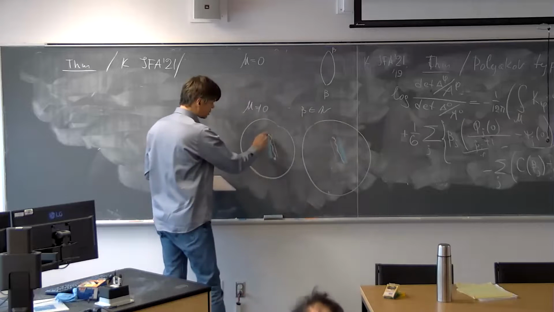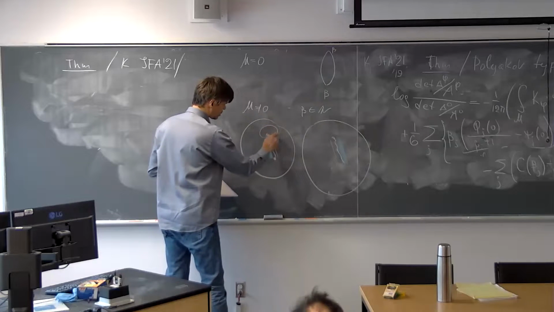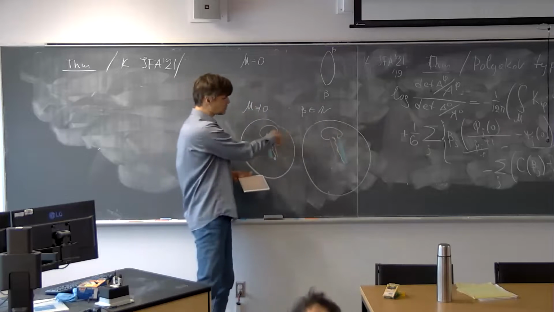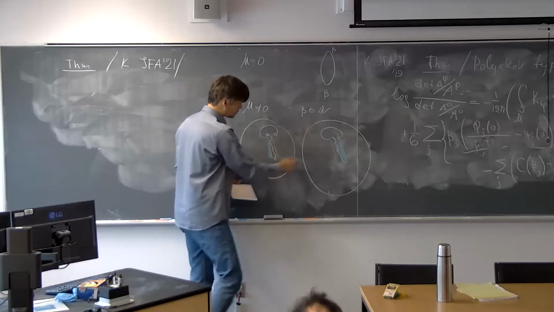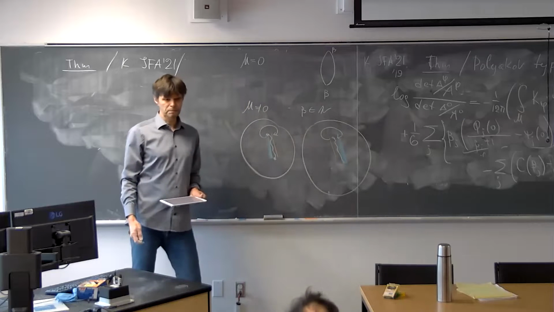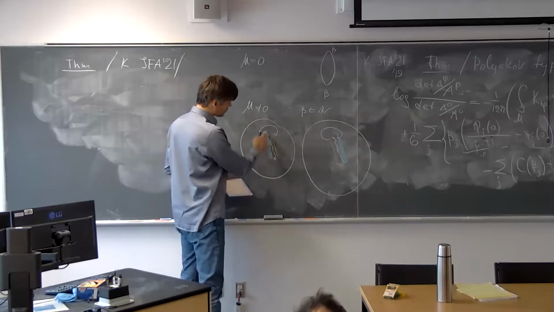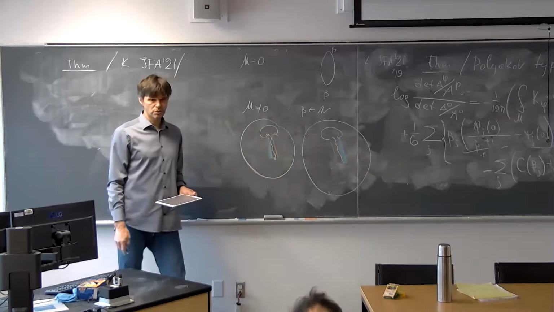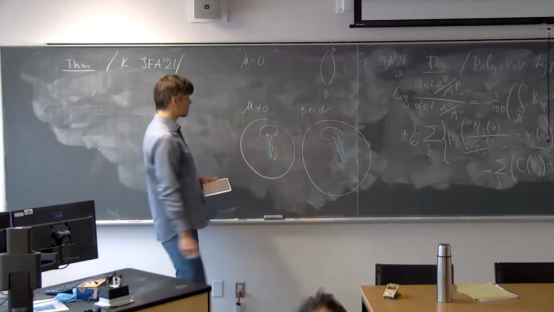As a result, the cone angle is 2 pi here plus 2 pi there, in total 4 pi. The same applies to this point. And the parameter mu is responsible for the geodesic distance between those two conical singularities.